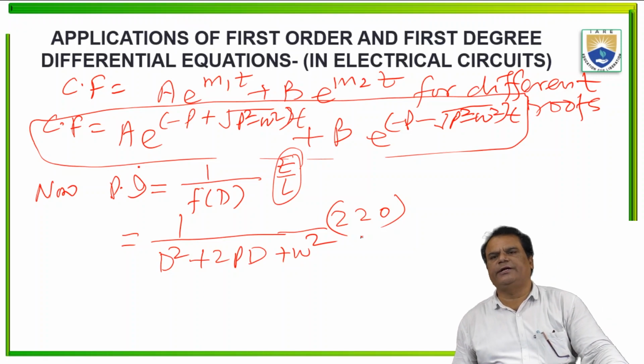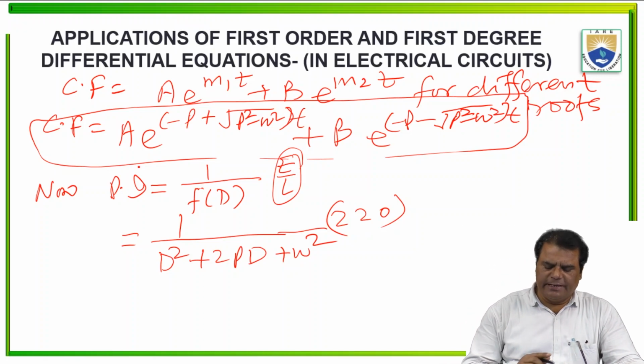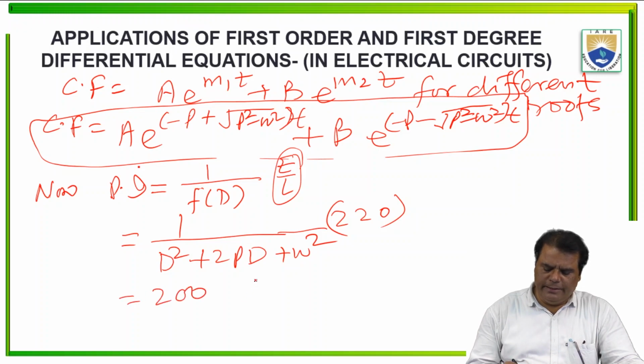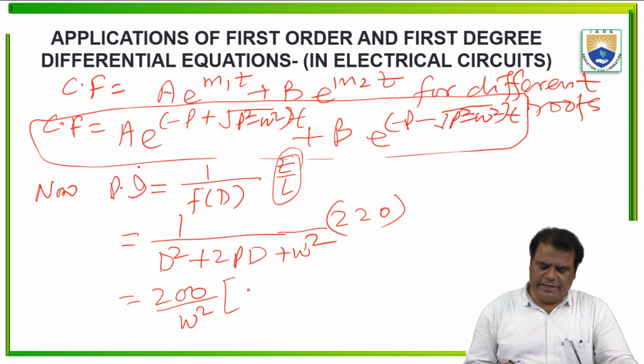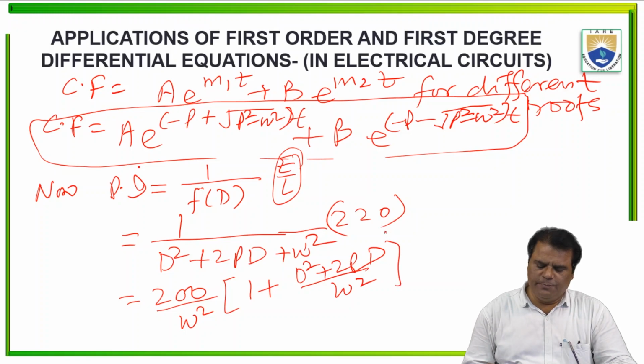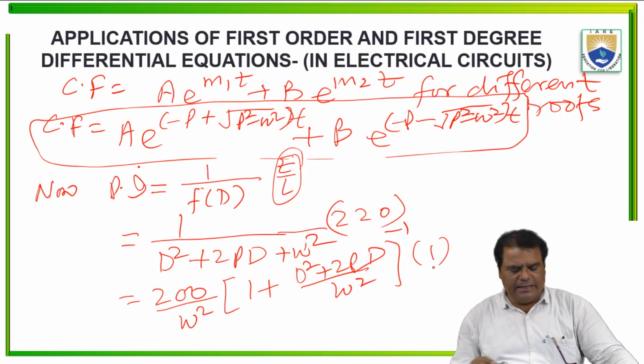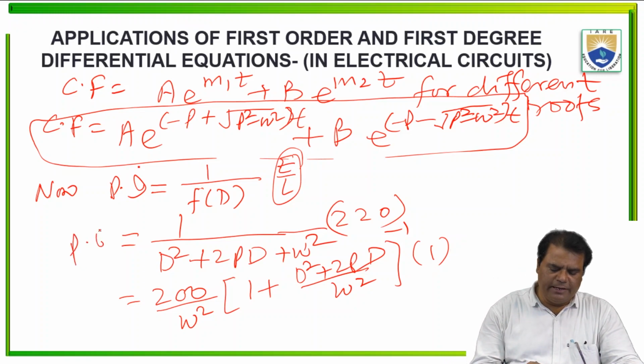Okay, this is a constant. So the constant term we take this side, 220, and now taking 1 upon w square common, so we are taking 1 plus D square plus 2pD upon w square whole to the power minus 1. So this is 1 only. Here I am finding the particular integral PI.